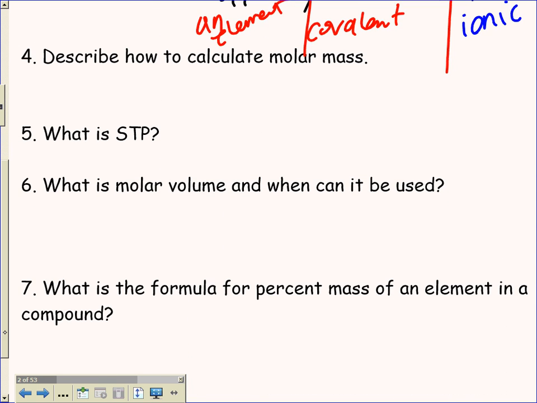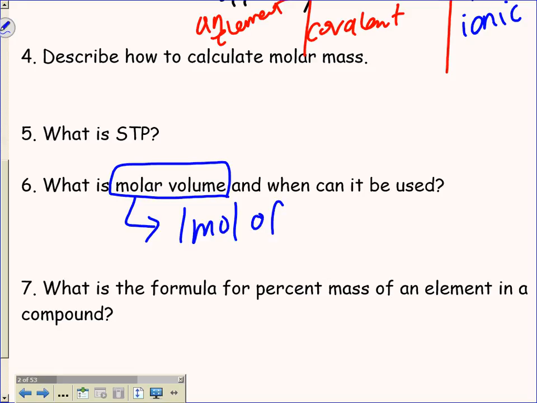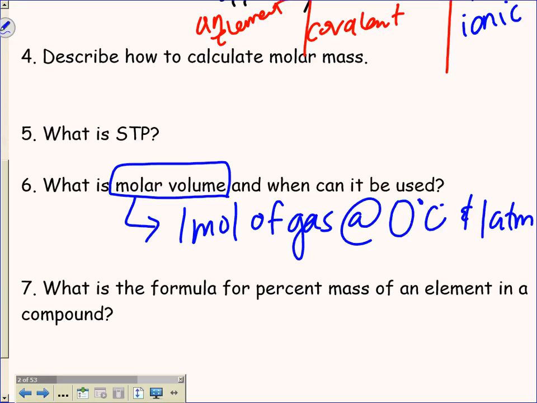So one thing he mentioned was the word molar volume, which is what the example was with the equal volumes. Write down that molar volume. 1 mole of a gas at 0 degrees Celsius and 1 atmosphere equals what volume?